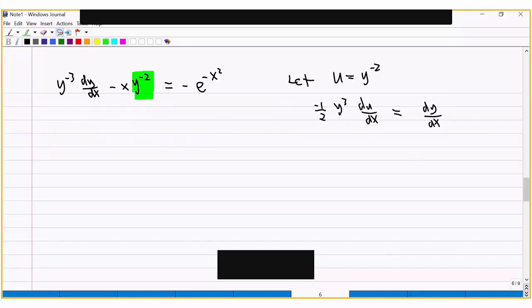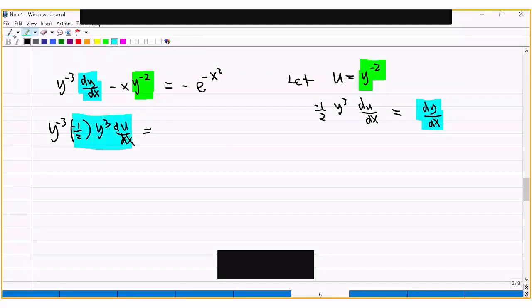Notice that dy/dx is this one; I put a blue color here. The green color one is u. So now I put dy/dx here: y to the power minus 3 times dy/dx, which is minus half y cubed du/dx.